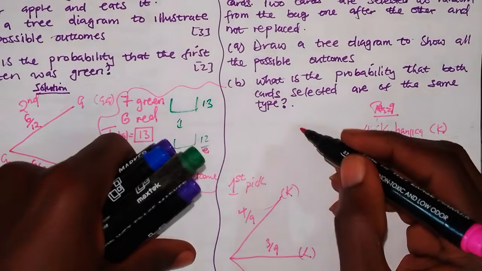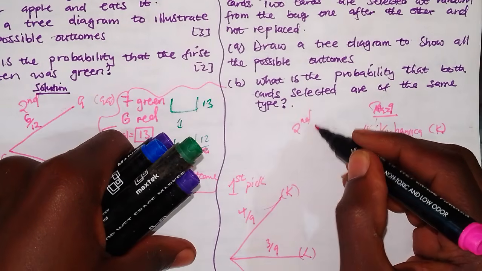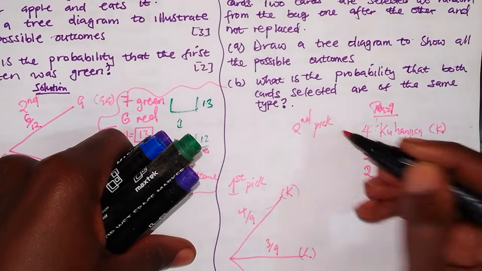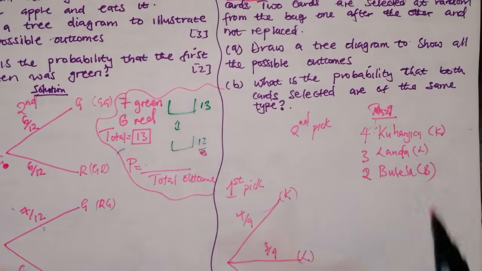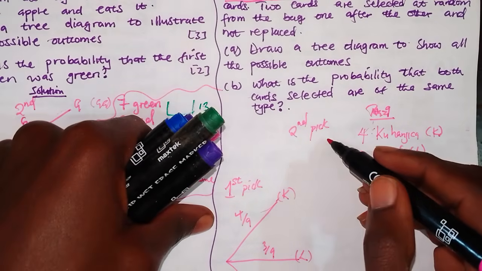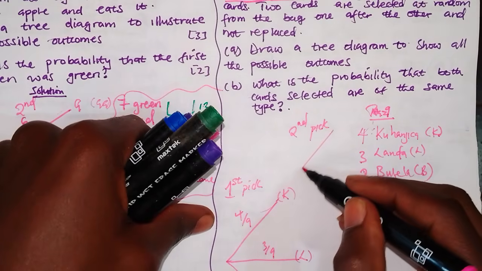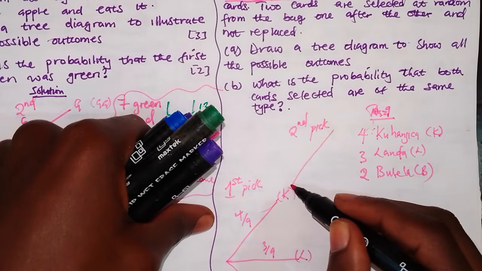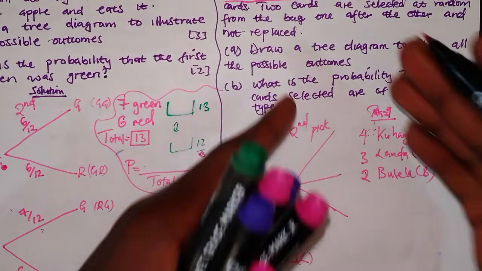Then moving on to your second pick. So again, the second pick here, you are just writing the same, but now on each probability. So you start with Kwanjika. You say, if this guy picked Kwanjika in his first pick, what is the probability of picking the rest in the second?